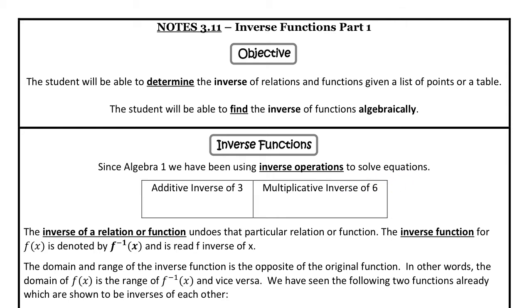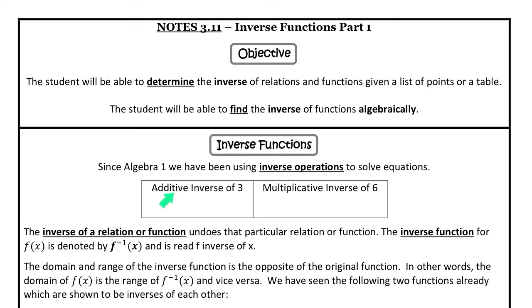We've been doing inverse operations. Like when I ask you, what's the opposite of adding, what's the opposite of subtracting, what's the opposite of multiplying or dividing. So these are inverse operations. They're opposite to each other.